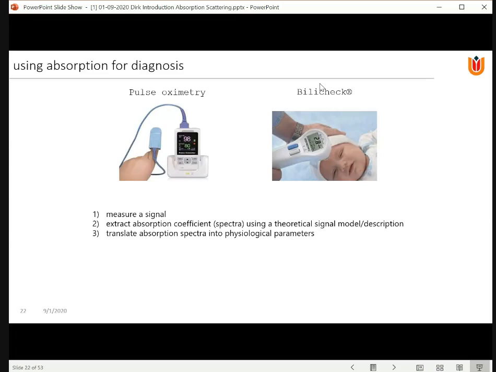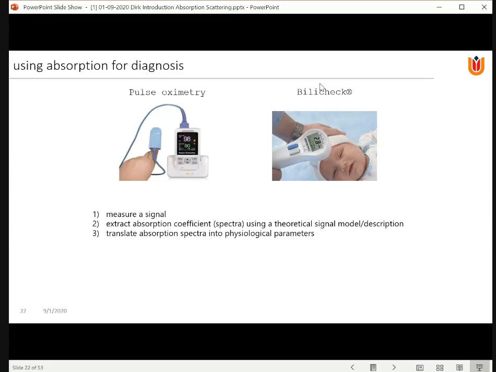Roughly, the approach is as always as follows. We measure a signal. Then from that signal, we try to extract the absorption coefficient or the absorption coefficient spectra, depending on how many wavelengths we do the measurement at, using some kind of theoretical signal model or description. So we model our signal first in the forward way: what can we expect to measure when we have a certain absorption coefficient?